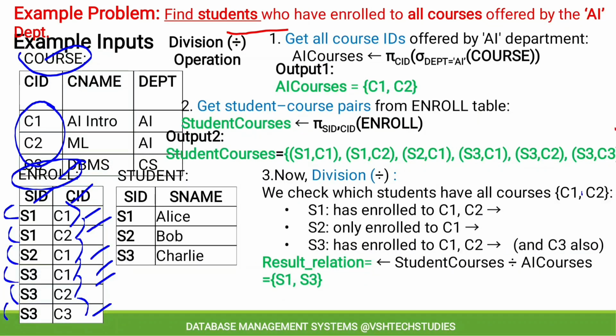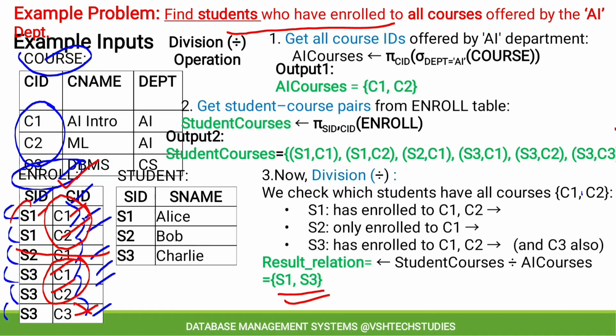So to see which students enrolled, look at the enroll table. If you verify S1, S3: S1 is enrolled to C1, C2, and S3 is also enrolled to C1, C2. C3 is extra, which we shall not consider now. But the point is S3 has enrolled to both C1 and C2, and S1 also has enrolled to both C1 and C2, whereas S2 has enrolled to only C1.